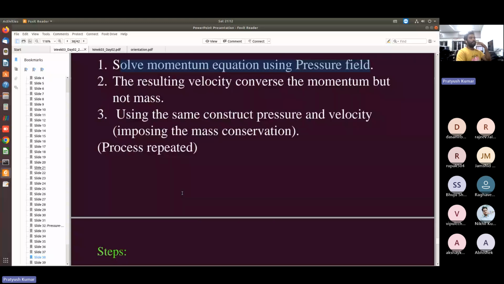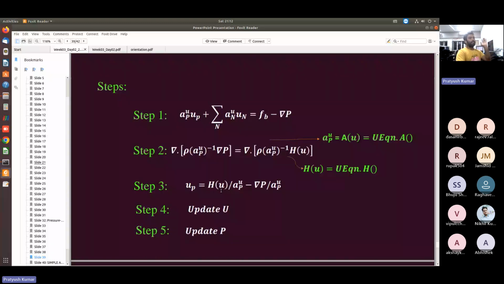Okay. So I want to show these steps from the perspective of OpenFOAM. In terms of the different cell values, suppose I am solving for a cell value that is P. So this is the equation with aP and uP for the current cell value, and this is the value for the neighboring cells, this is the body force, and this is the pressure field.